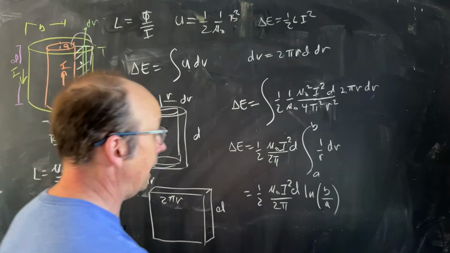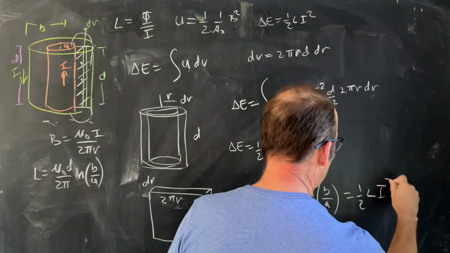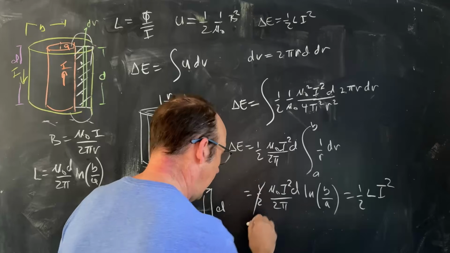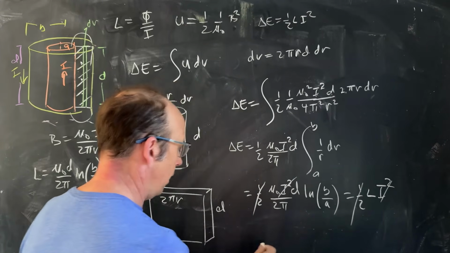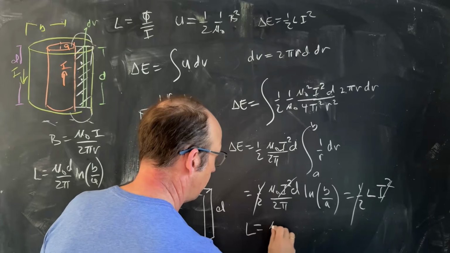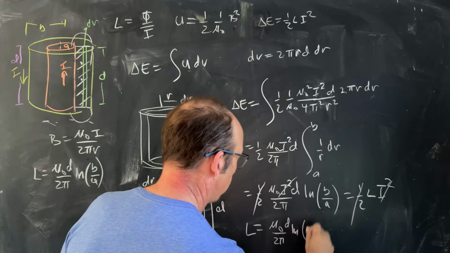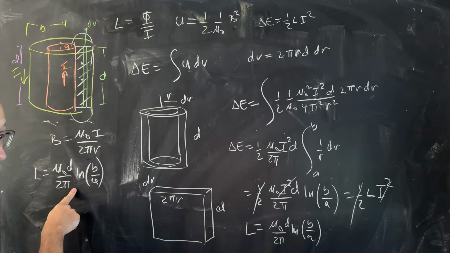And then we're going to set that equal to 1/2 L I squared, and I want to solve for L. Cancel, cancel, cancel, cancel. So L is mu naught d over 2 pi natural log of b over a. It's the same thing.